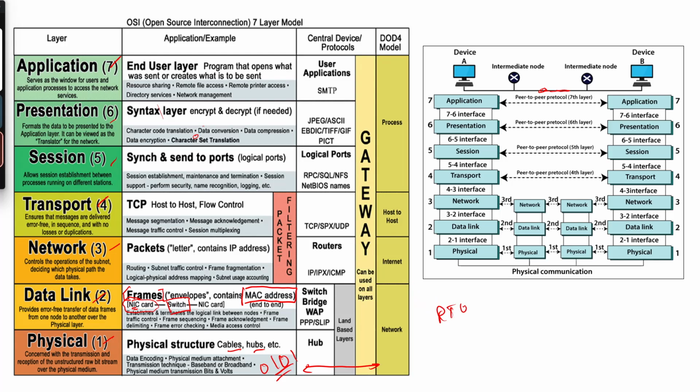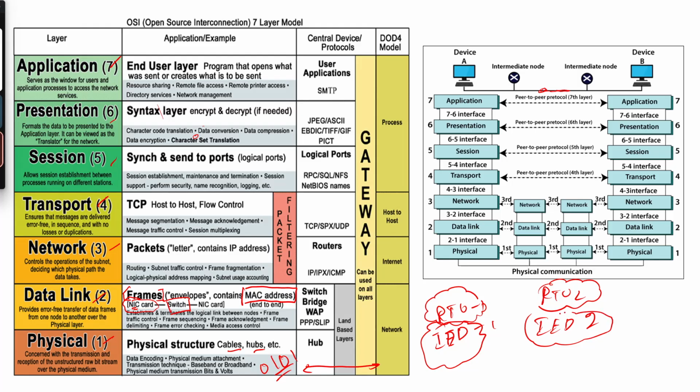And RTUs, and we also have IEDs, right? Each one will have a different address in the field. Let's say we have RTU1, IED1, RTU2, IED2, right? So how do they communicate with each other? These will have the MAC address.